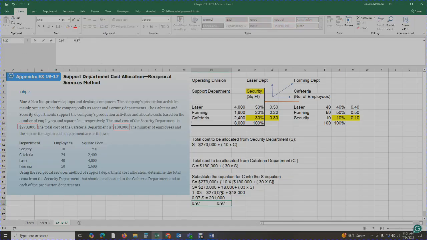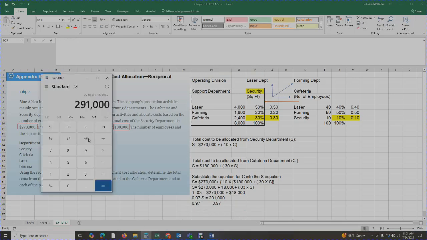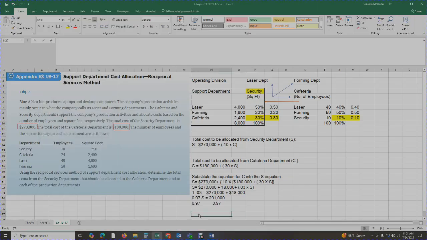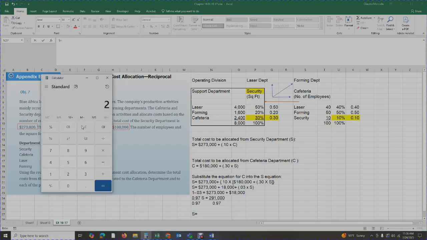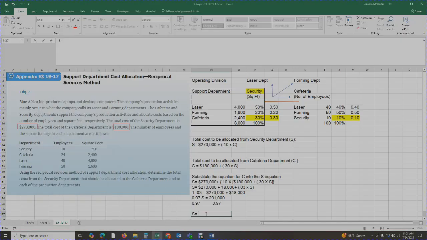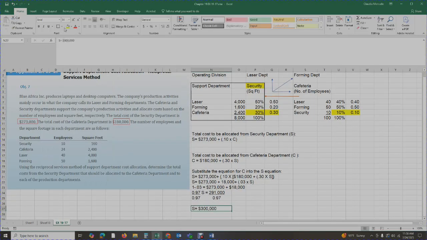So we're basically just dividing both sides by 0.97. 0.97 divided by 0.97 gives me a 1, which is my S, which is what we want. We're solving for S. And then 291,000 divided by 0.97 gives me $300,000. So S is $300,000. That is what we were solving for.